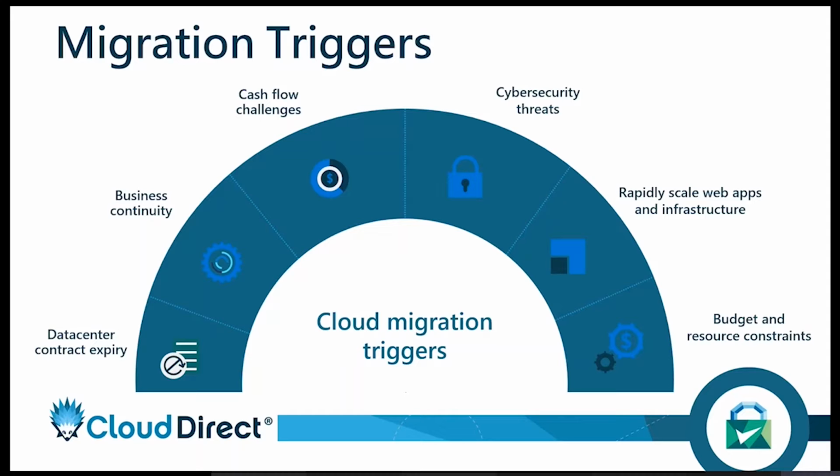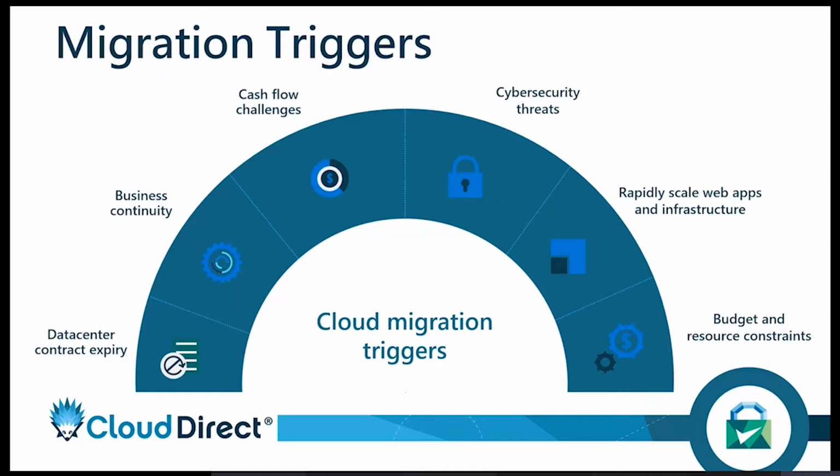Business continuity. A key thing that we've had in recent times is obviously COVID. Being able to have a strong and cohesive business continuity strategy that's underpinned by the cloud is something that people are looking at as a catalyst for moving to the cloud. Being able to work remotely, not just from an office suite perspective, but being able to replicate your office environment anywhere, whether that's people working from home, or away from the office, on the road, for example.